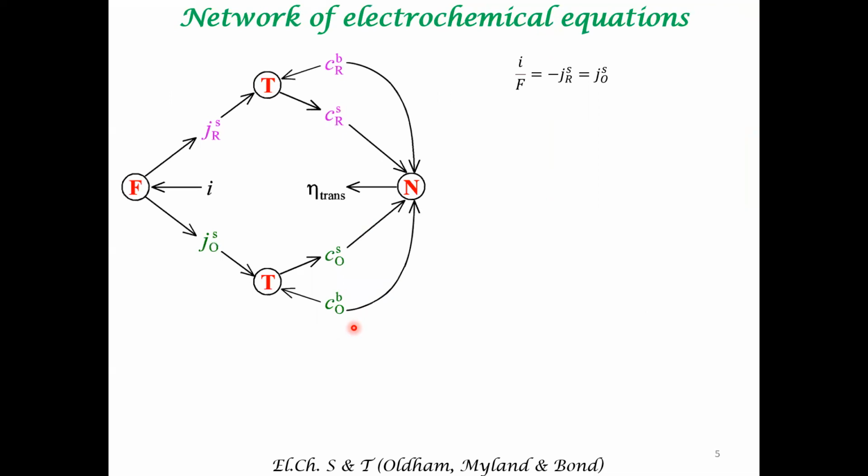Let's pause for a minute and then look at the network of electrochemical equations that is going to help us quantify the transport over potential or transport polarization. To begin with, we have Faraday's law, which helps us get to the current. When there's finite current, that current is connected to transport fluxes given by these two quantities.